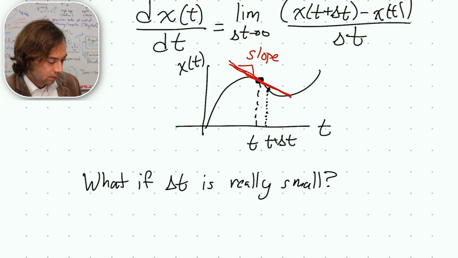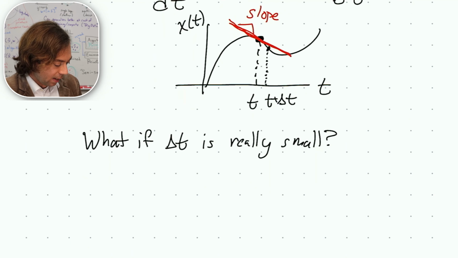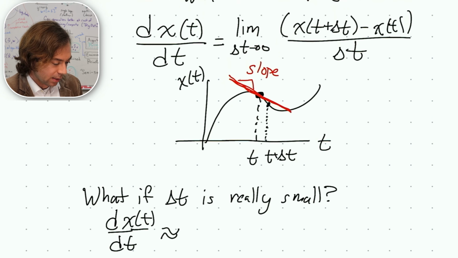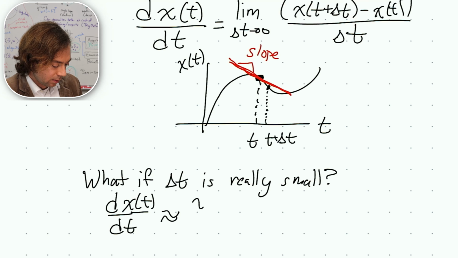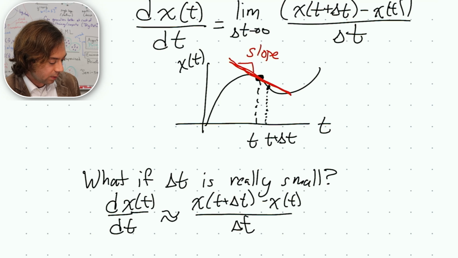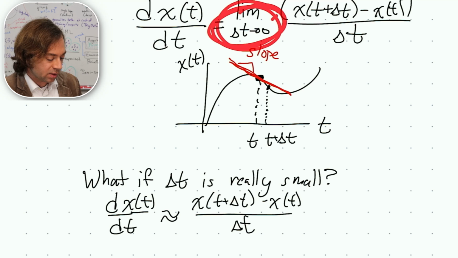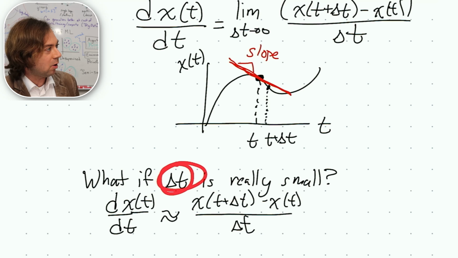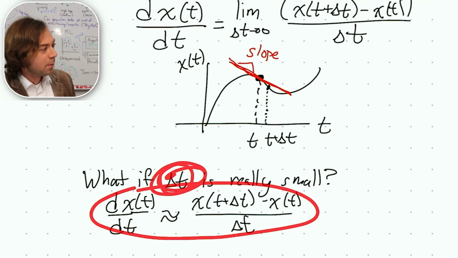Then we would say the same equation over again: dx/dt of t is approximately equal to x of t plus delta t minus x of t, all over delta t. So instead of the limit as it goes to 0, you just say delta t is small. It's small, and this is almost right.